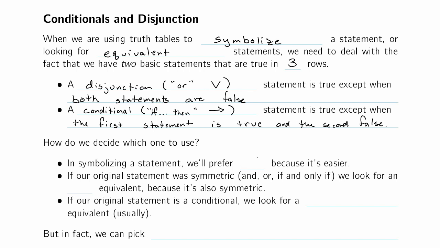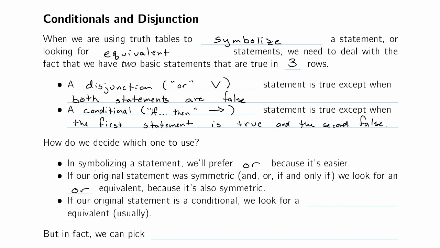Well, in the past, we've preferred to work with or, because ors are easier to work with than conditionals. If we're looking for an equivalent to a symmetric statement, an and statement, an or statement, an if and only if statement, we look for one that uses or because it's also symmetric.